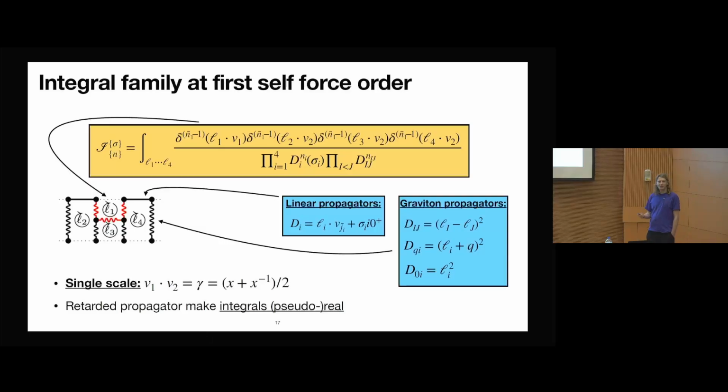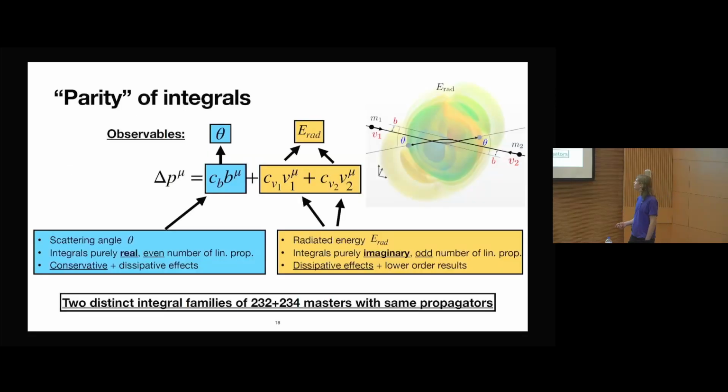And this feature tells us actually a lot about the physics they contribute to. Because if we look at our impulse, in our system we have three vectors appearing. We have first of all the impact parameter b and the two velocities. We can write our impulse as a sum of these three vectors with some coefficients.